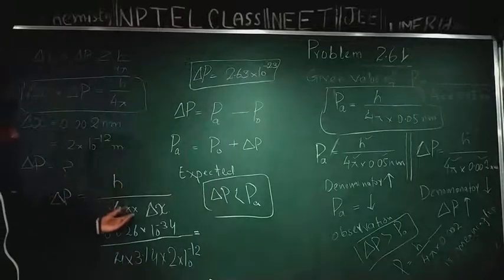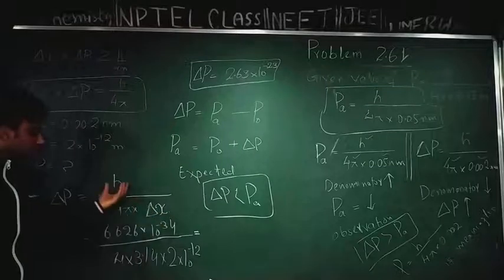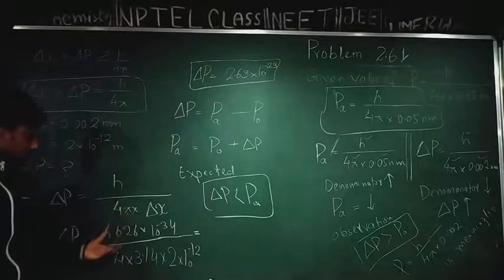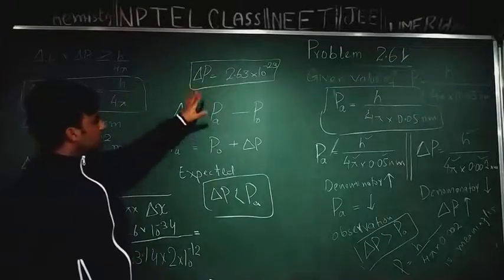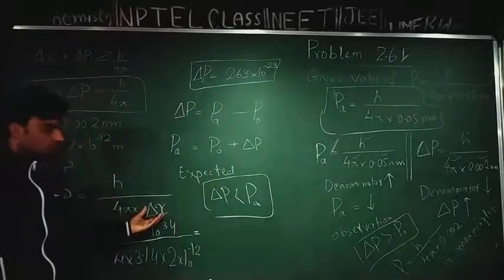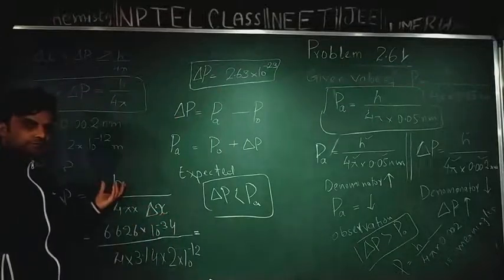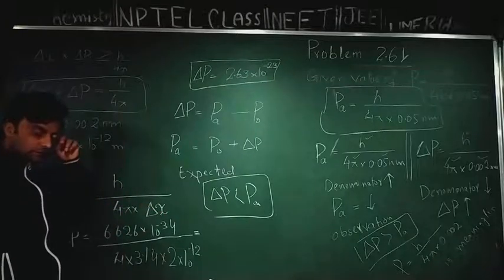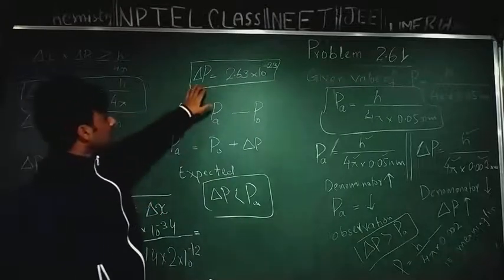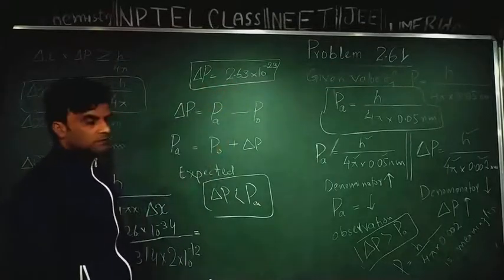By simple substitution of the given uncertainty in position and known values of constants in the equation, I was able to calculate uncertainty in momentum, which is equal to 2.63 into 10 to the power minus 23.